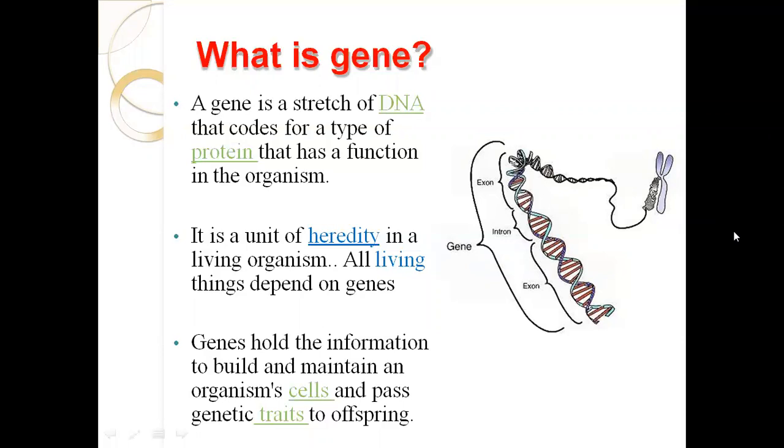So basically, what is a gene? We know that in the cell, suppose you consider the chromosome. Here are several features of a gene. The first one: a gene is a stretch of DNA that codes for a type of protein that has a function in the organism.